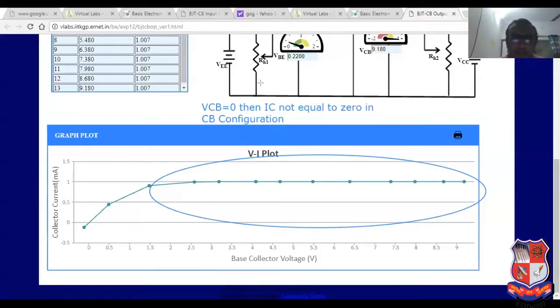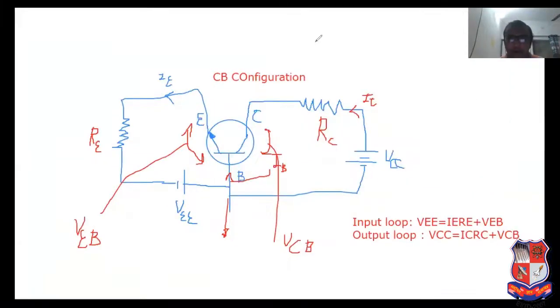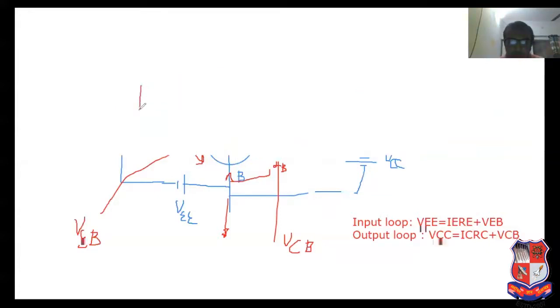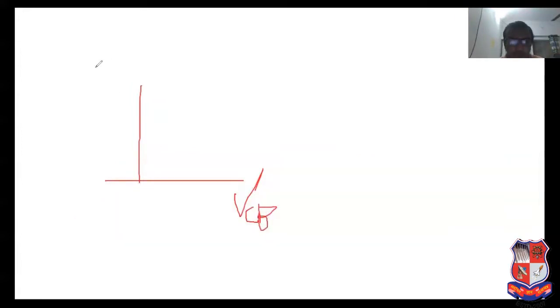Now I have sketched the input and output characteristics on the whiteboard. I have removed this. This is the configuration. See this diagram very carefully. Now it is known as VCB. It is known as IC. Now I have sketched the characteristics.